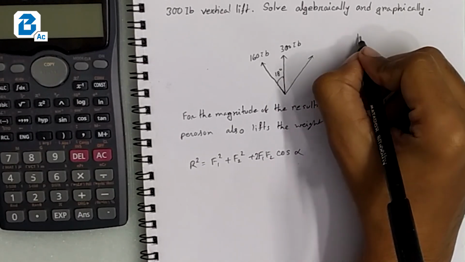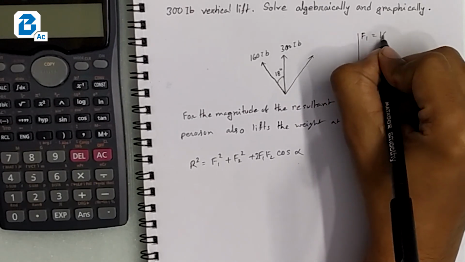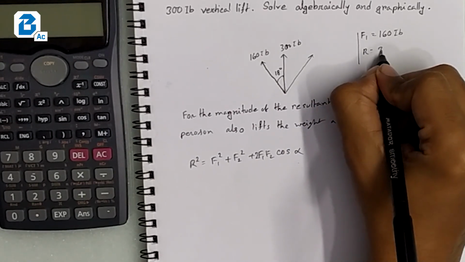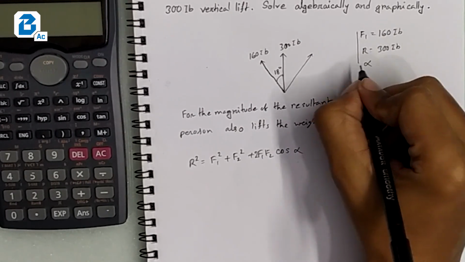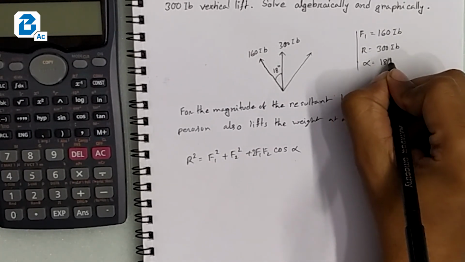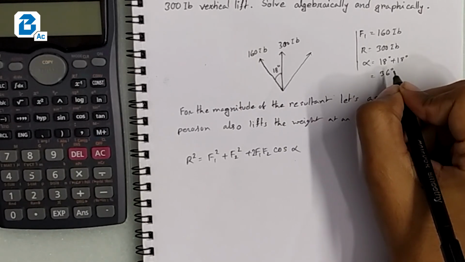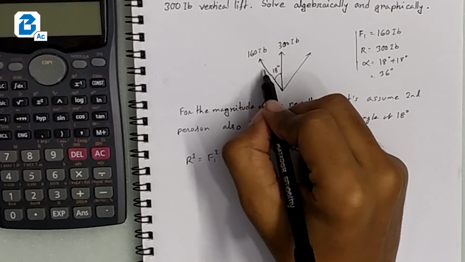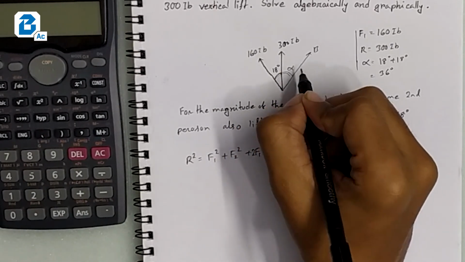Here the F1 force, which is exerted by person A, the first person, is 160 pounds and the resultant here is 300 pounds. And alpha will be 18 degrees plus 18 degrees, so it will be 36 degrees, because the alpha angle is between the A force and the B force. So this whole section is alpha.